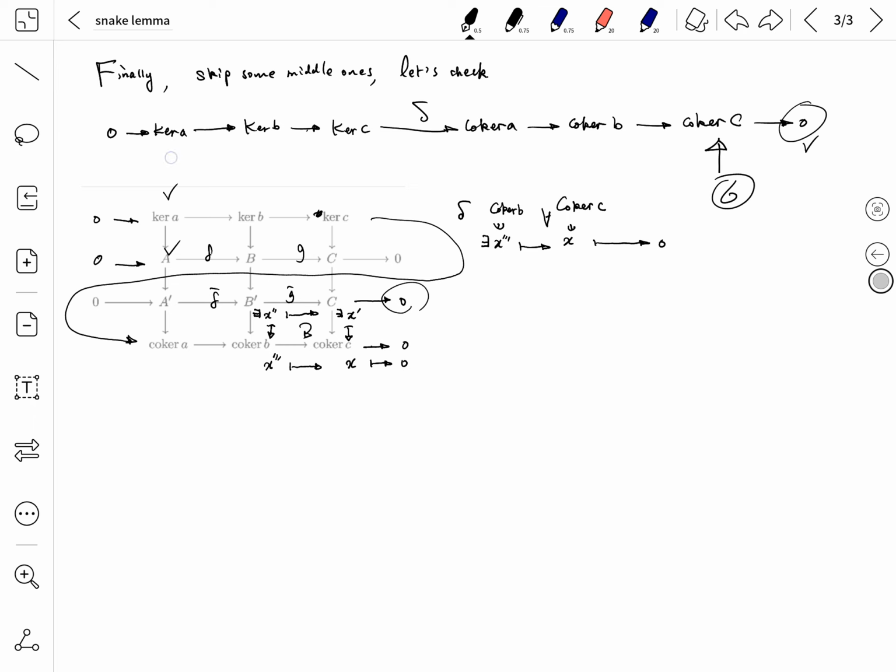Lastly, let's say this position 6 and all those left ones. We have checked this 1, 2, 3, and this 4, 5 I leave for you to check yourself, and the 6th one. Actually, very quickly, what you have to check is take whatever element in kernel C. Let's call it x.